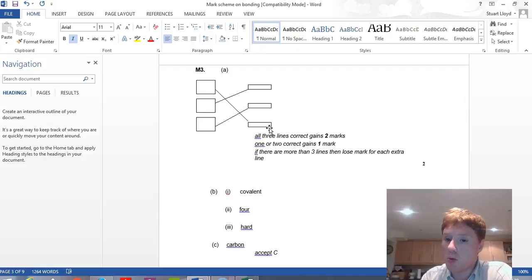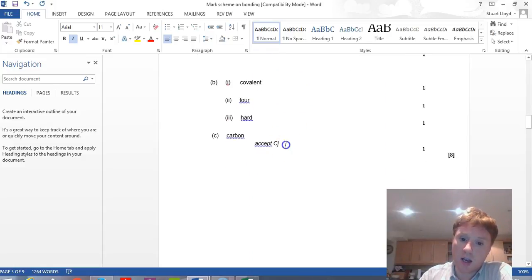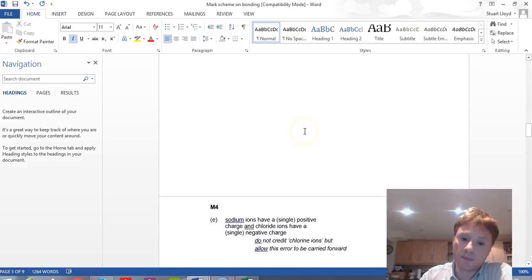If you put 4 points and they're all correct, but one of them is irrelevant, so the question could be describe the structure and bonding in graphite, and you would say something like graphite is soft and slippery, which is true, but it doesn't get you a mark in that last question because it's in the question. You don't lose the marks. Or you can put C for carbon, the element.